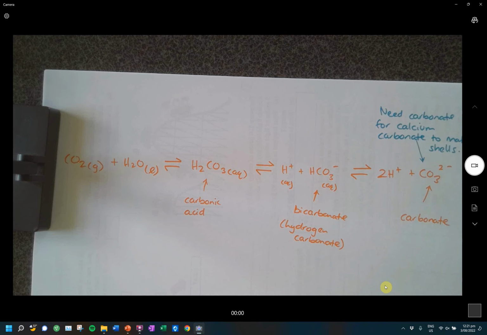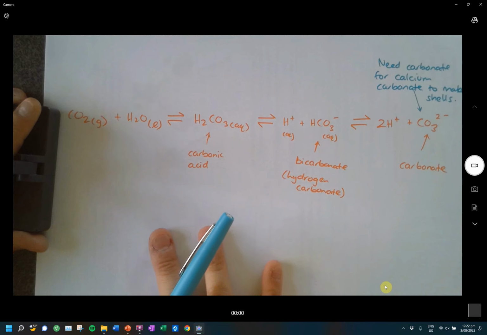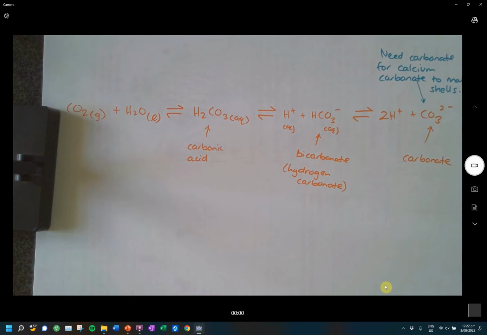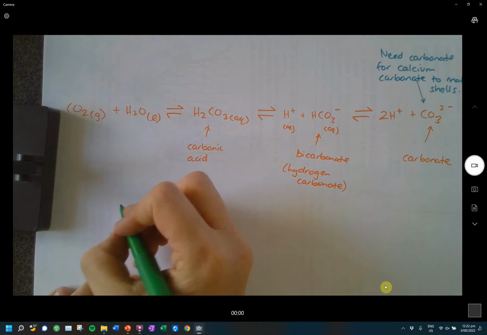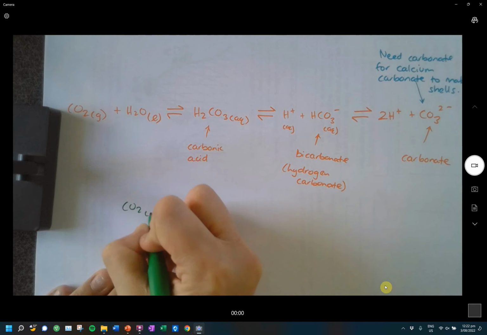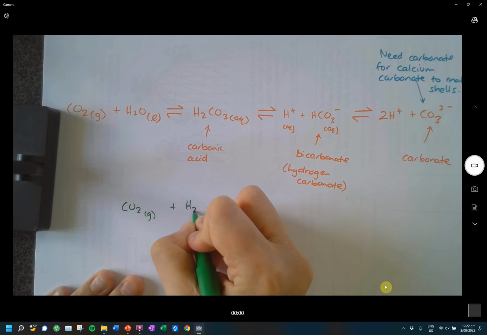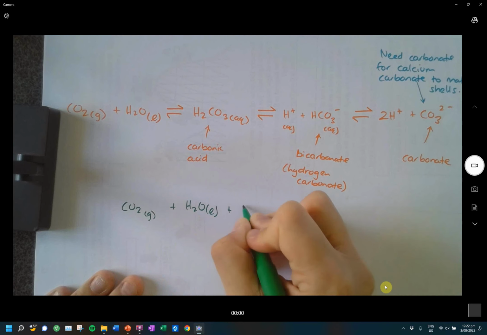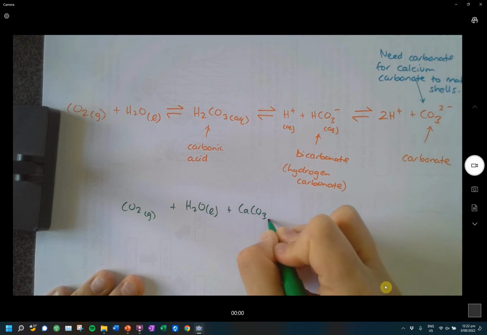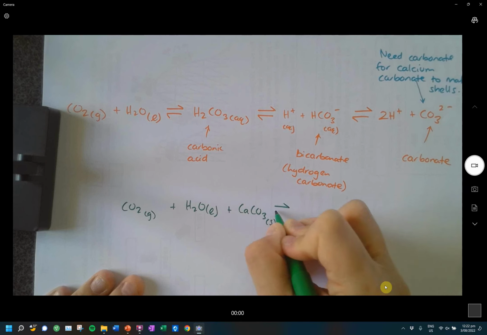Does that make sense? So we're looking at this equation and we're thinking about how the different things are changing, affecting the direction, and thus the ocean acidification. There's a simplified way to think about that equation if you want to use it, and that is CO2, which is your gas, plus H2O, which is your liquid, plus calcium carbonate, which is a solid.